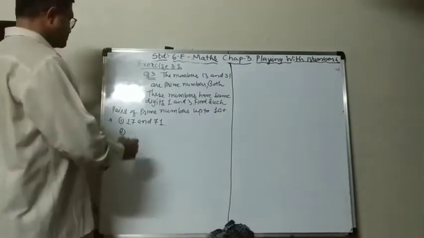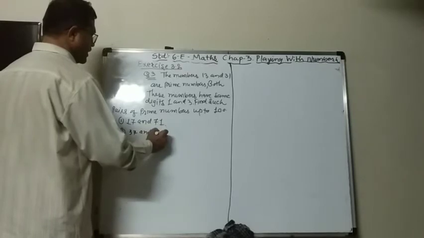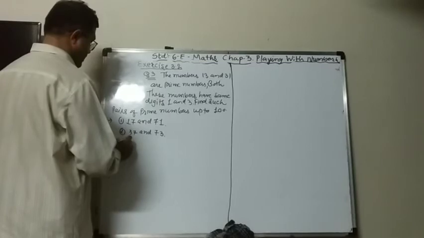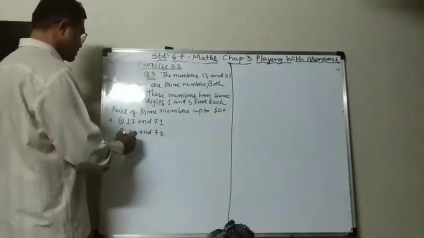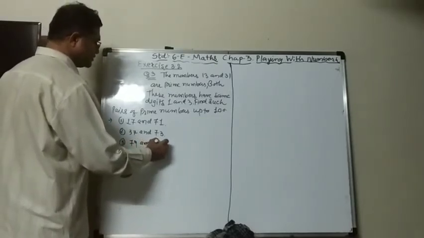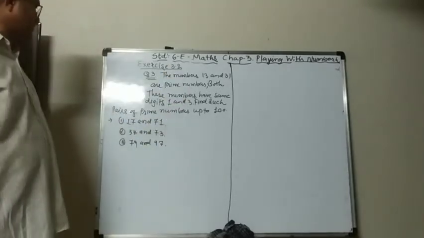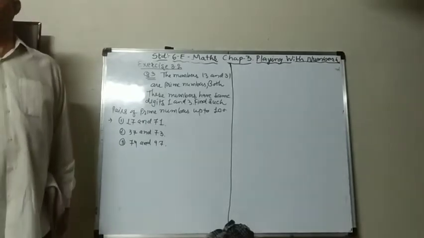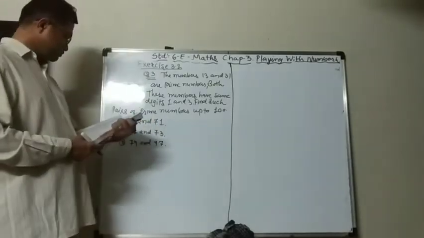Then the other numbers 37 and 73. And the other is the number 79 and 97. These are the 3 such pairs like 13 and 31 in which both are prime numbers and they both have the same digits also.